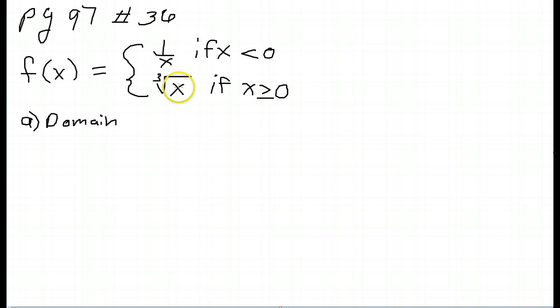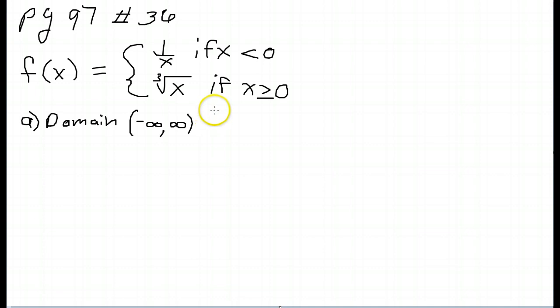So that means this includes positive numbers and 0. The top portion includes the negative numbers. Our domain is all real numbers. We can write this as negative infinity to positive infinity in interval notation.